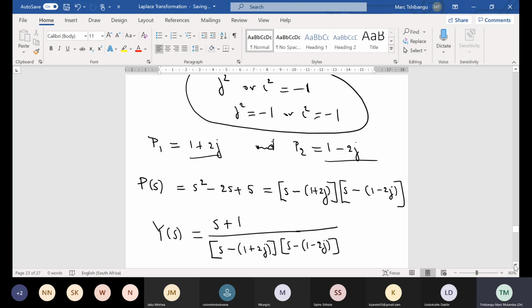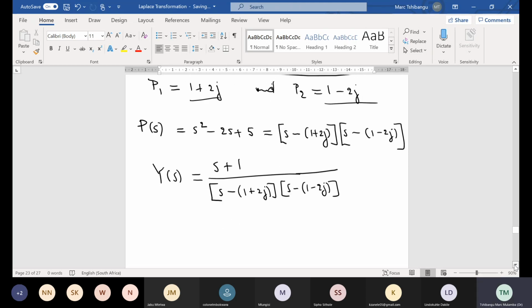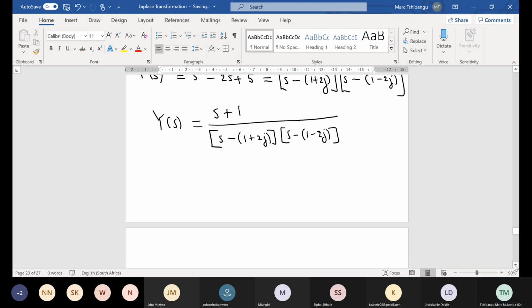Now we can use the three steps. Step 1: expand, or expansions, into a series of fractions.